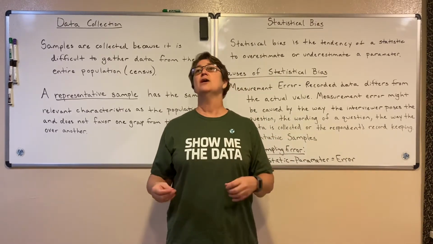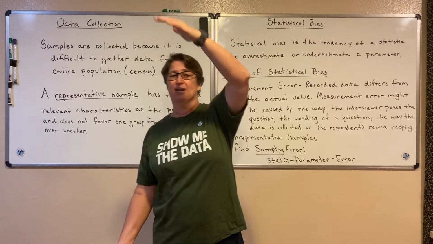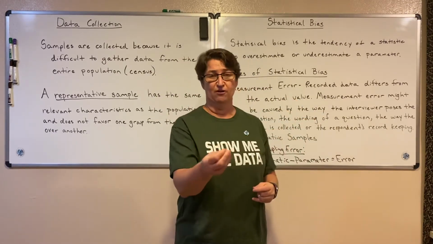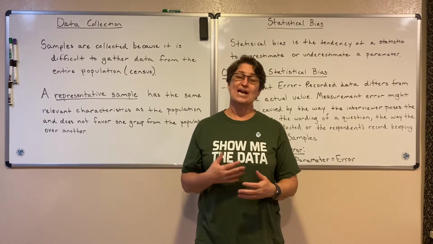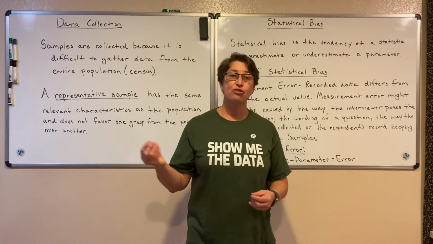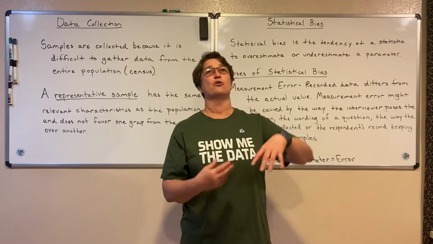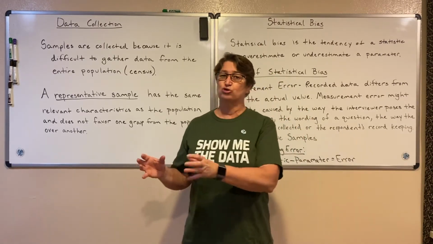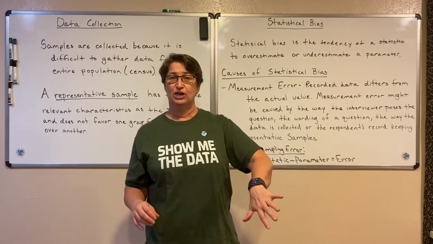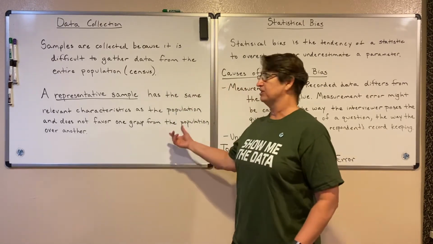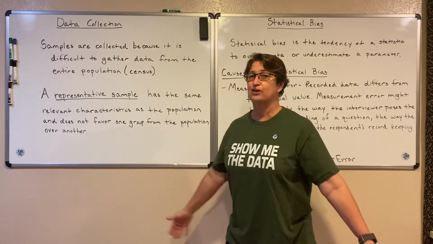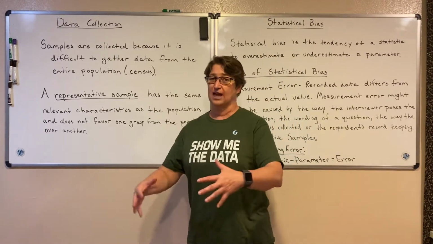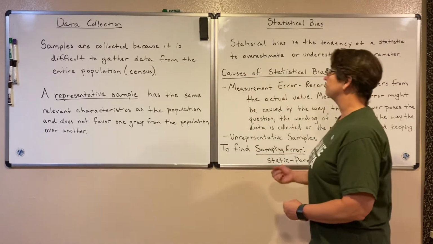In other words, maybe I've got really tall trees and I've got really short trees, or maybe I have different types of trees. I need to make sure that I gather data from all the different types of trees I have, from tall trees and short trees, and not just that all my trees look alike and I'm excluding others. So a representative sample looks like your population. It's part of the population that looks like the entire population.